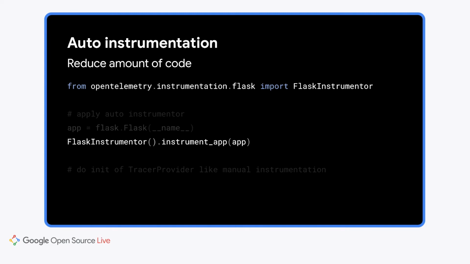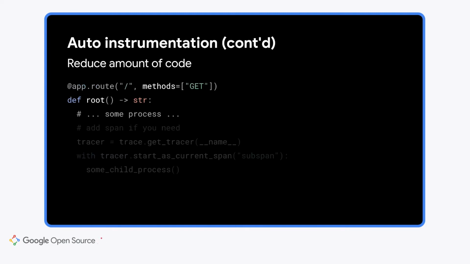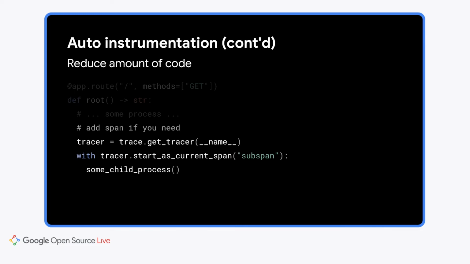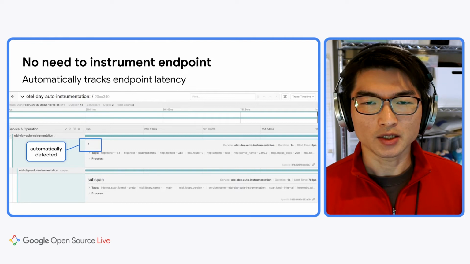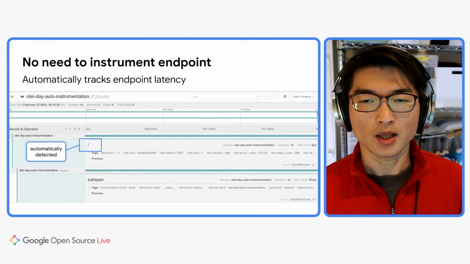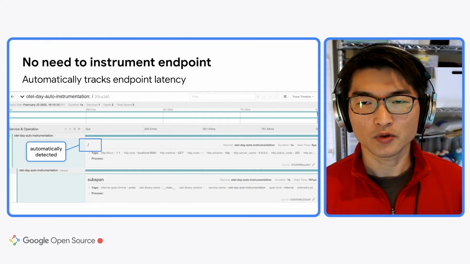And in the handler function, you don't need to write a root span, as we did in the previous example. Of course, if you want to add child spans, you can do it as normal, like these lines. In this waterfall chart, this root span is the automatically generated one, and the subspan is a handwritten child span under the root.